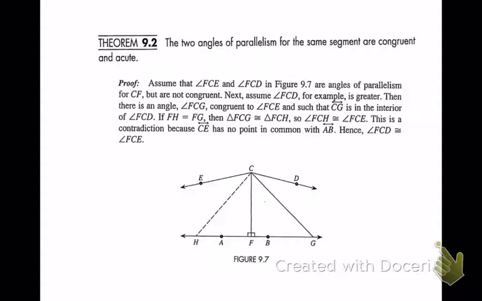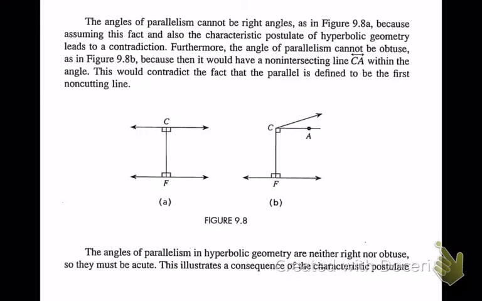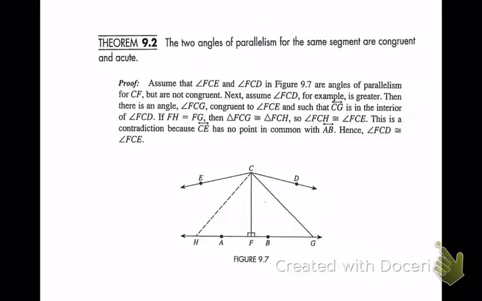The two angles of parallelism, FCD and FCE, are congruent and acute. So usually you think, oh, well, if they're parallel lines, they have to be perpendicular to FC. They're not. They're acute and they're congruent.